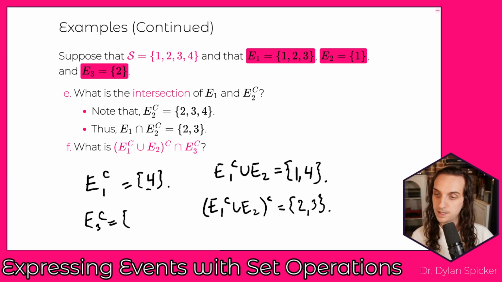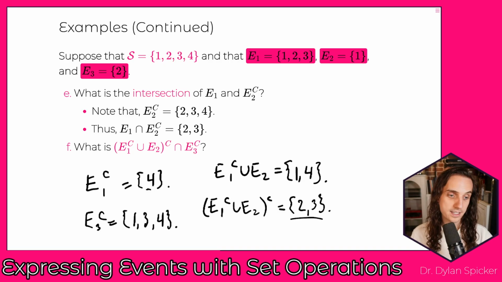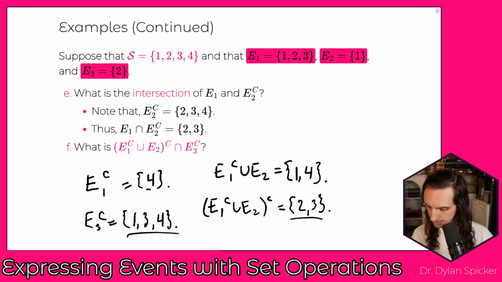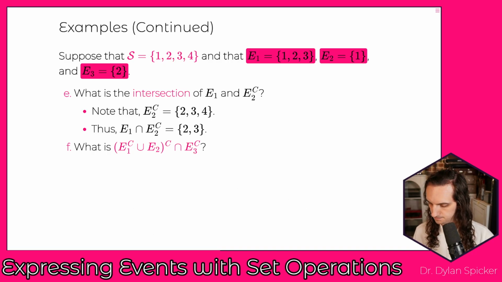E3 complement is going to be what's not in E3. E3 is just 2, and so that's going to be a 1, a 3, and a 4. Okay, and so then if we want to intersect this set with this set, we're saying what's the same between both of them, and the only thing that's common between both of them is this 3. And so again, piece by piece, we can work through all of those using our elementary set operations here.